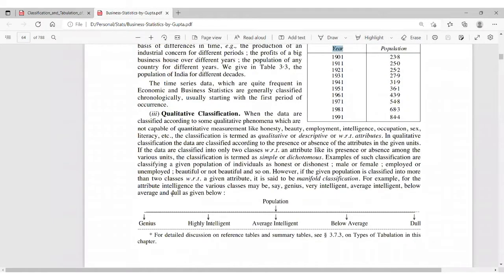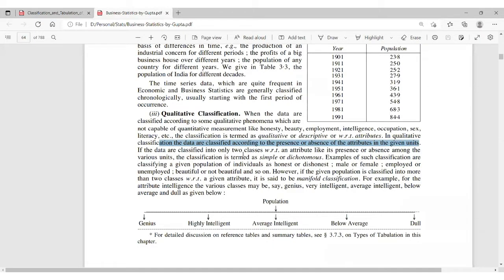Qualitative classification. When the data are classified according to some qualitative phenomena, which are not capable of quantitative measurement, like honesty, beauty, employment, intelligence, occupation, sex, literacy, etc., the classification is called qualitative or descriptive, with respect to attributes. In qualitative classification, the data are classified according to the presence or absence of attributes in the given units.